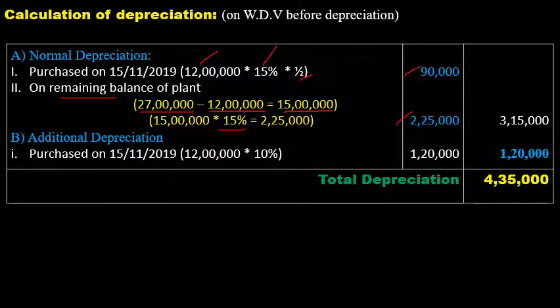So 2,25,000 is the depreciation. So first on the normal new purchases, then on the remaining balance. So total normal depreciation is 3,15,000.